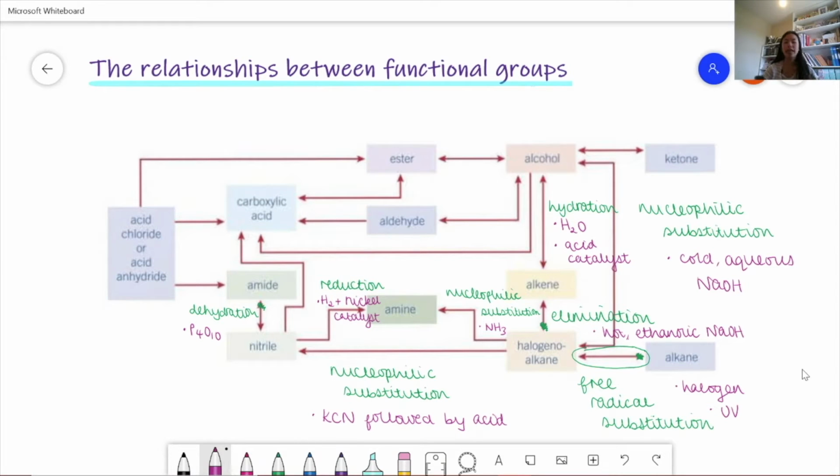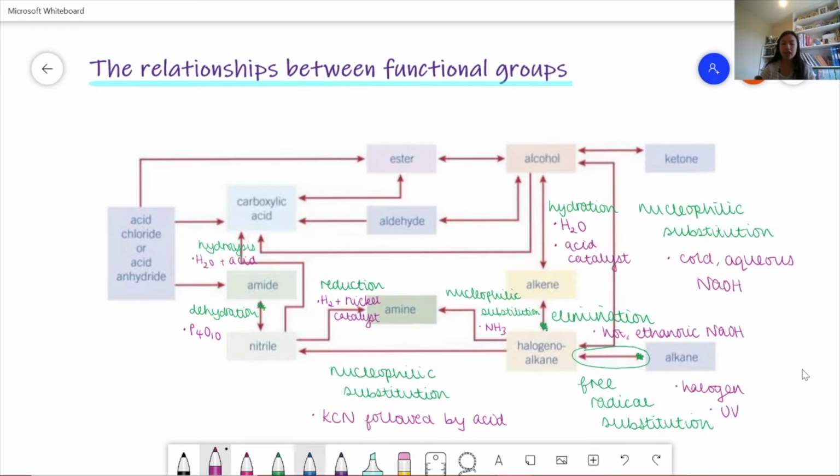And to get from a nitrile to a carboxylic acid, this is a hydrolysis reaction. So here we have hydrolysis. And we need some water and also a H+ catalyst. So we need water and some kind of acid.